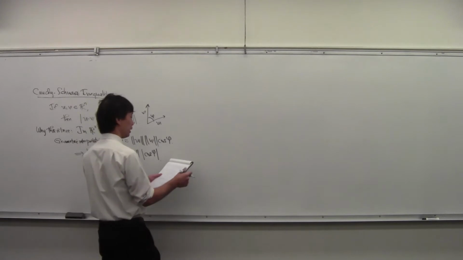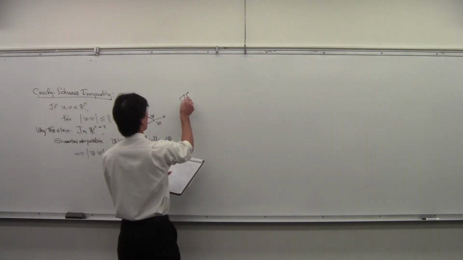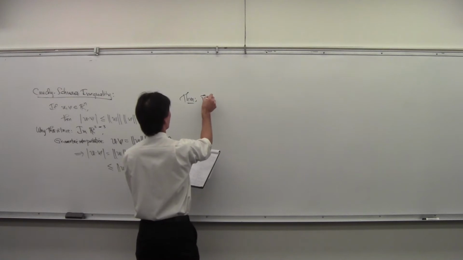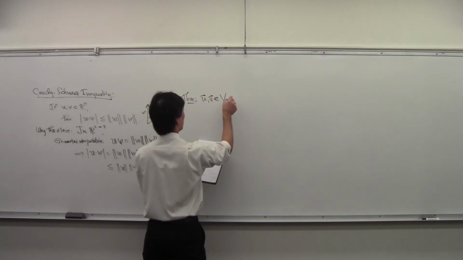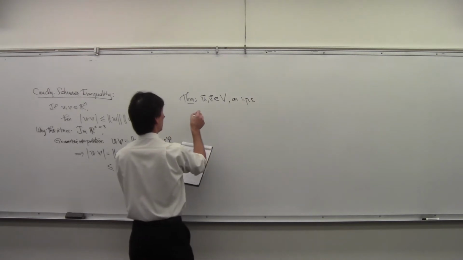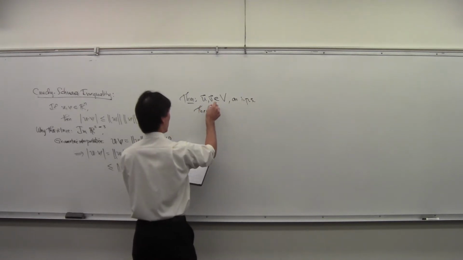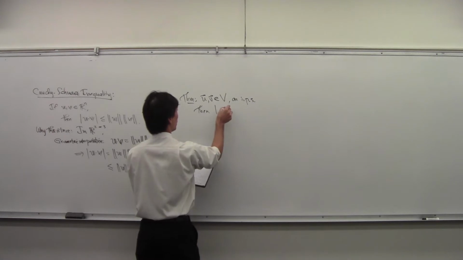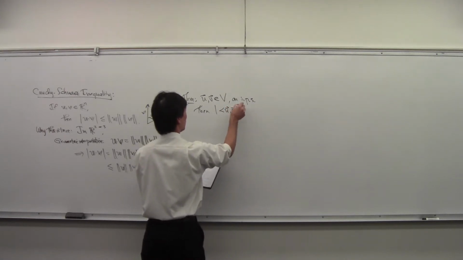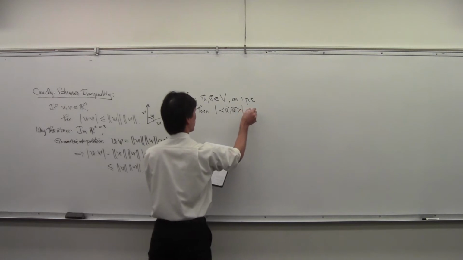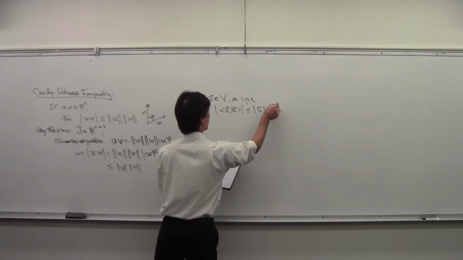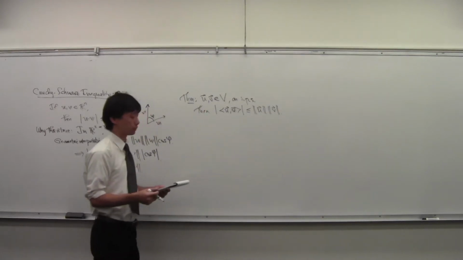So let me just write it up formally. Suppose you've got u and v in an inner product space, then the absolute value of the inner product is less than or equal to the product of the norms.